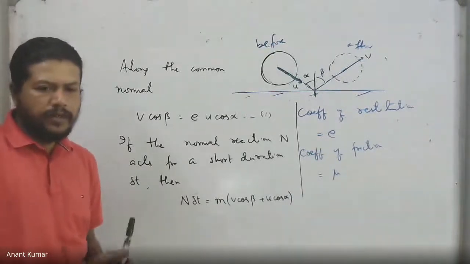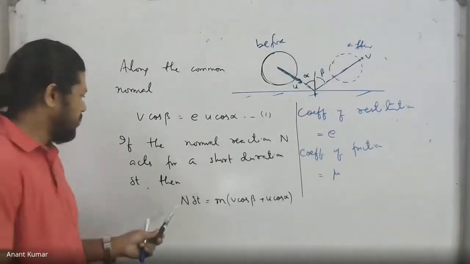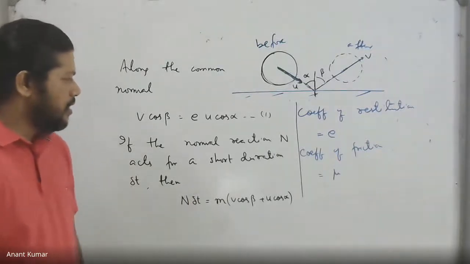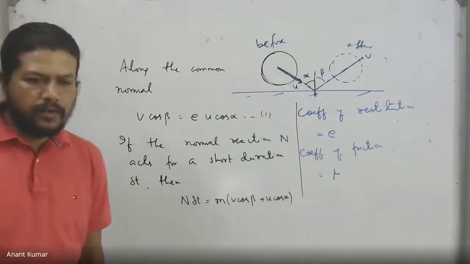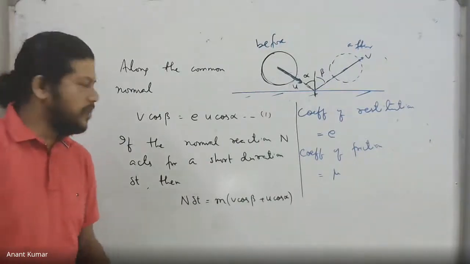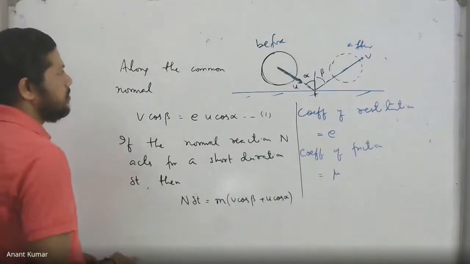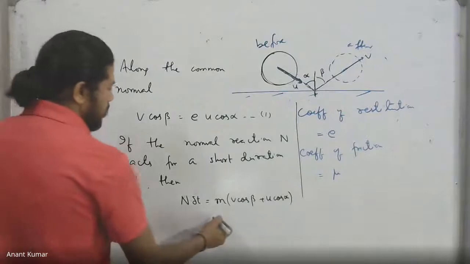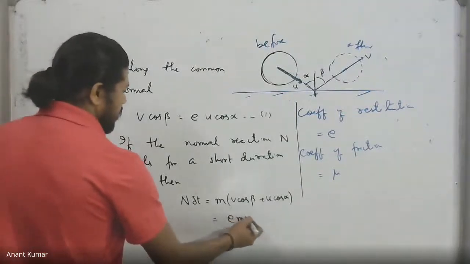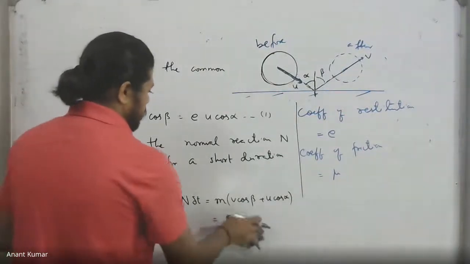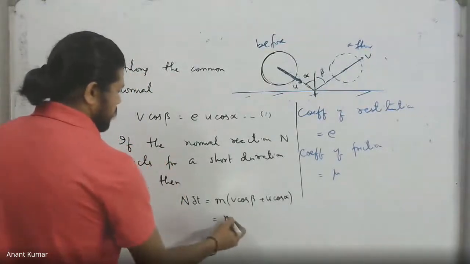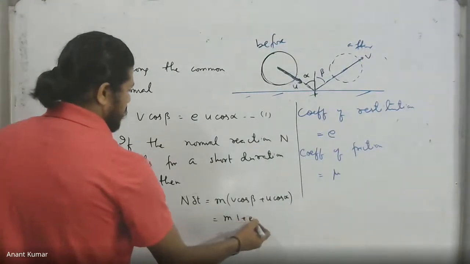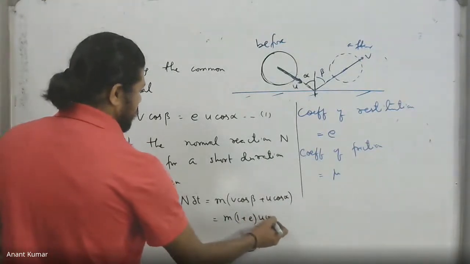The final one is upward, initially is downward. The impulse is upward as well. So the change becomes in the upward direction, v cos beta minus u cos alpha, which is going to be giving us plus actually. Yeah? And because we already have this equation v cos beta equal to e u cos alpha, we could write this one as m into 1 plus e into u cos alpha.